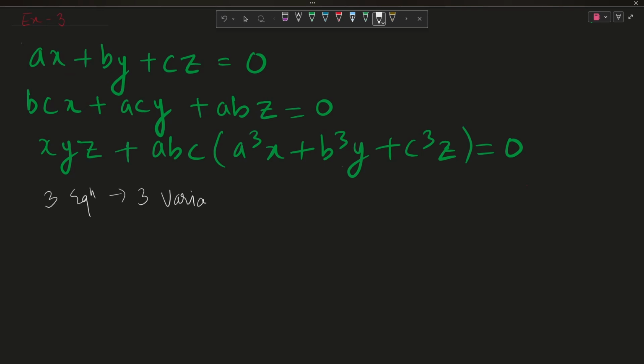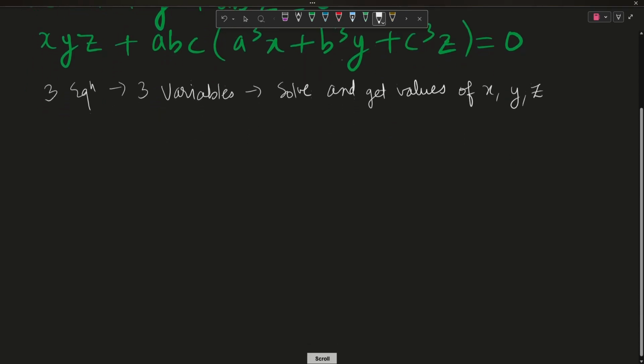So it is very feasible for us to solve and get the values of x, y, and z. But using substitution method or elimination method to solve these equations will be a very complicated task, to be honest.